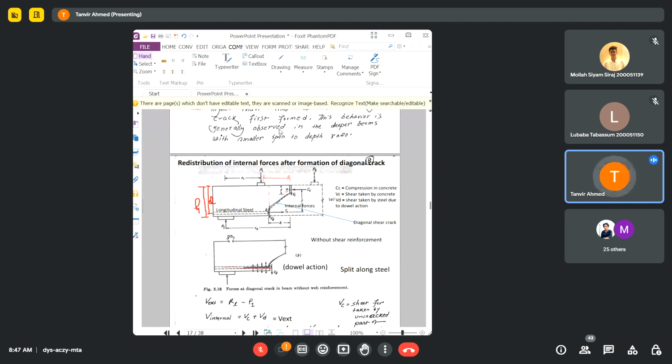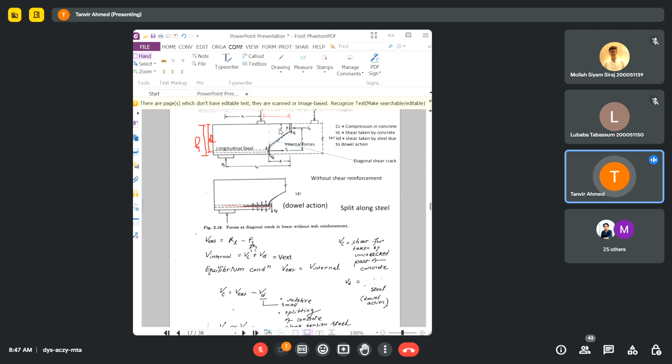Just the reaction force minus the point load at this point. So RL minus P1. Because these are opposite forces, if you take the difference, you will get the external shear force. So the external shear force will be RL minus P1.